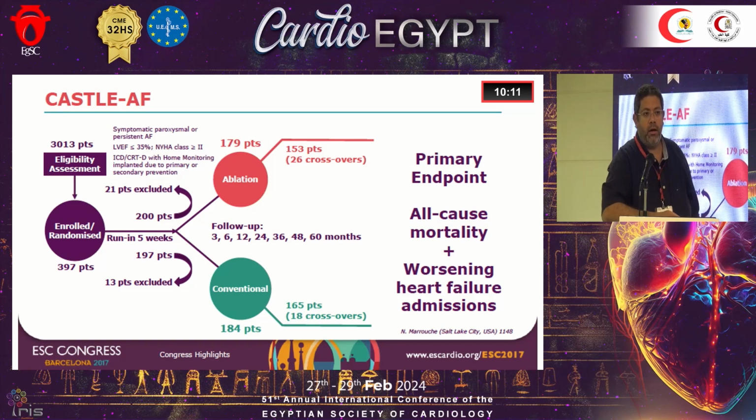We did that in the heart failure population in the CASTLE-AF study. In the CASTLE-AF study, about 400 patients were randomized to a rhythm control strategy, namely ablation this time, versus the conventional management, which was basically rate control. This was in a group of sick patients, with left ventricular ejection fraction less than 35, and they had symptomatic paroxysmal or persistent atrial fibrillation. These patients were followed for 60 months, and the investigators looked at the primary endpoint of all-cause mortality and worsening heart failure requiring hospitalization.